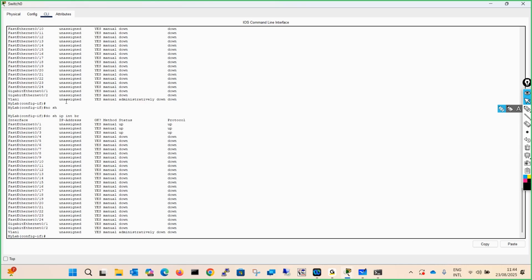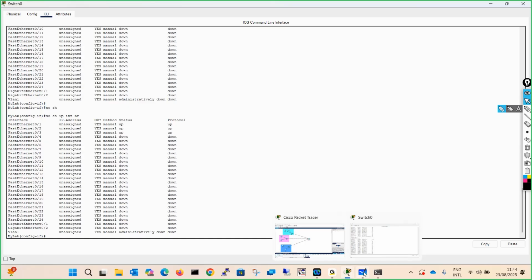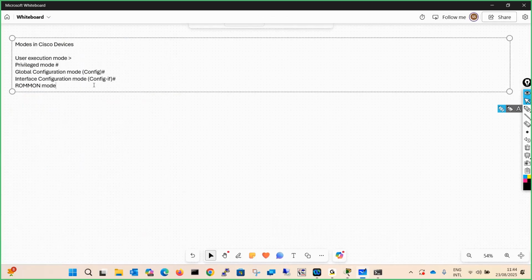Generally, we enter this mode for password recovery or if you want to back up your IOS at that time. How do you enter? By interrupting the boot process. You interrupt the boot process, you enter into this mode.